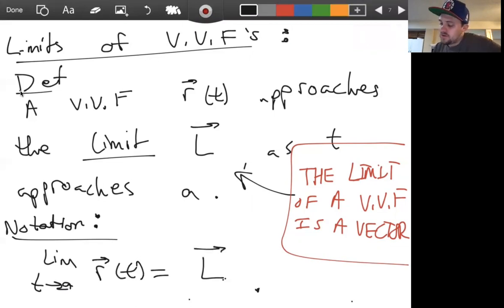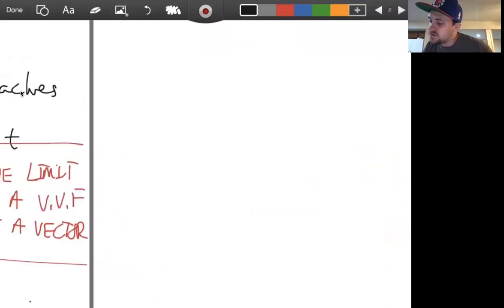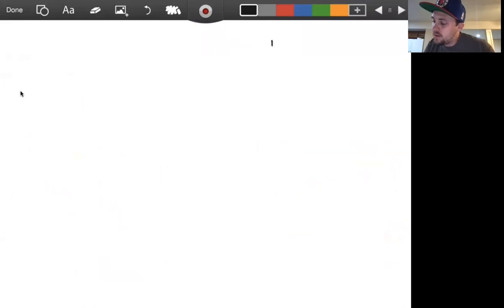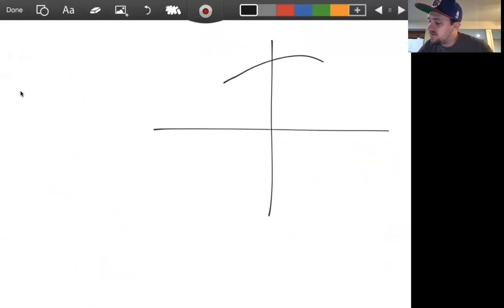So we take some vector valued function r of t. We have the limit as t approaches a, and we see what that vector approaches. So what is a limit doing? We have some curve, say here's a, and here's a t value.